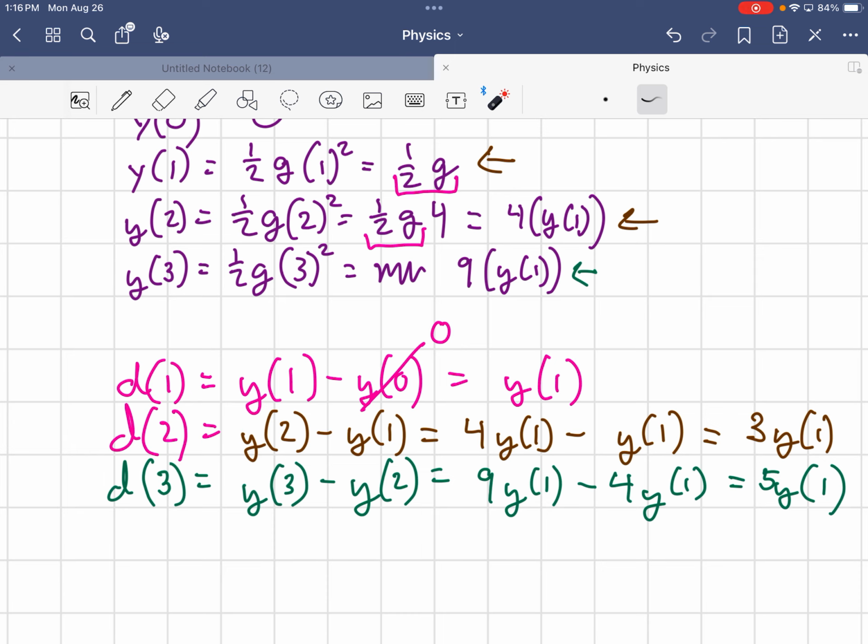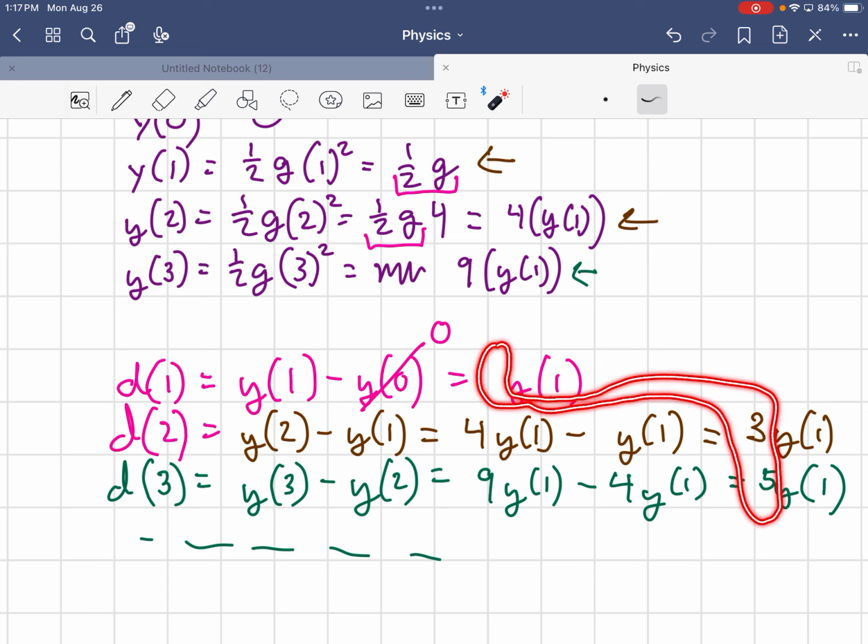And I'm not going to write out exactly the rest of the proof, because if you were to just go through this on and on and on, you're going to be able to find that each one of these coefficients is going to be an odd integer. So, therefore, we have proven that the value is always going to be an odd in the sequence of 1, 3, 5, 7, so on and so forth.